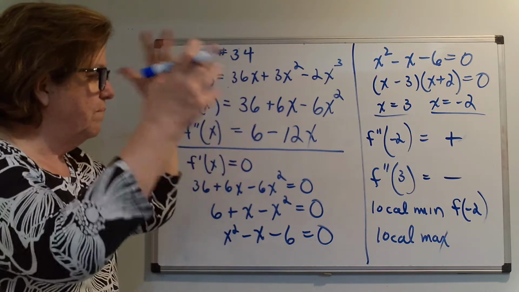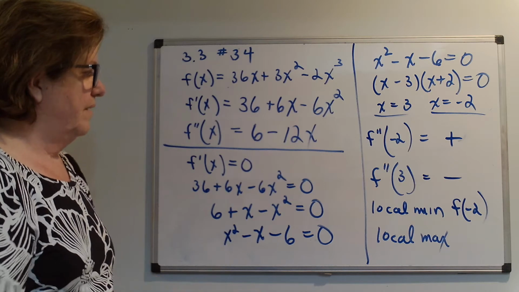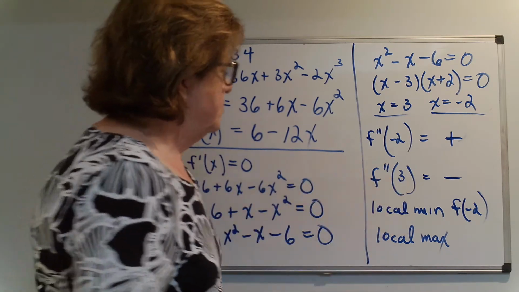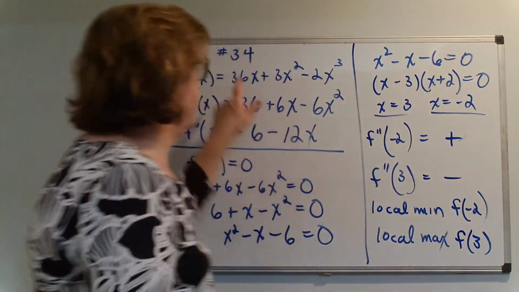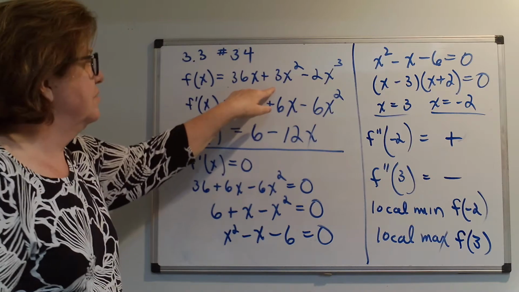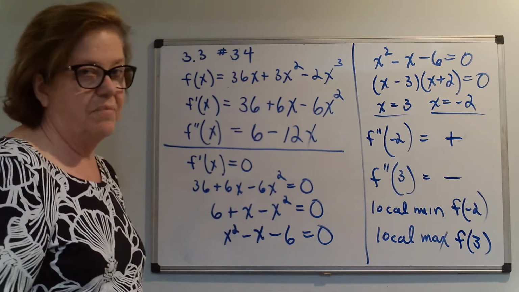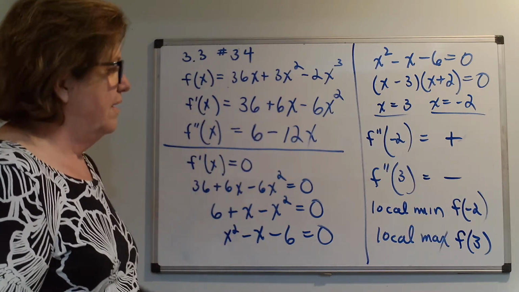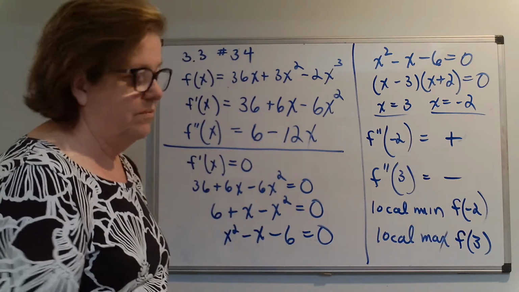That would be your minimum value. Your local maximum is at 3. So if I put 3 into the original function and I get out a number, that's the y coordinate of my maximum. That is the maximum value of the function there. And f at -2 would be the local minimum value of the function.